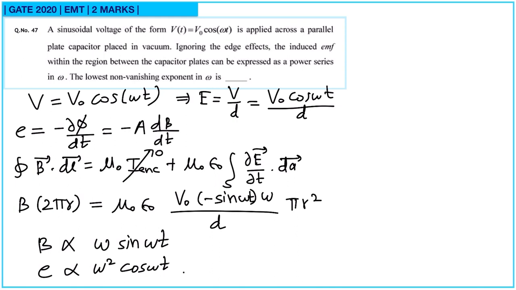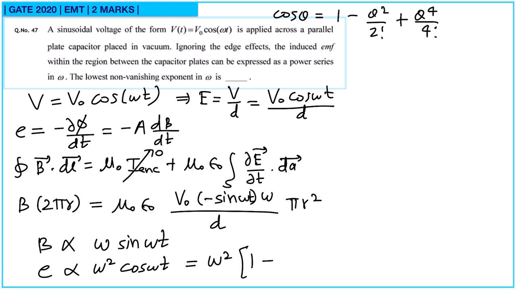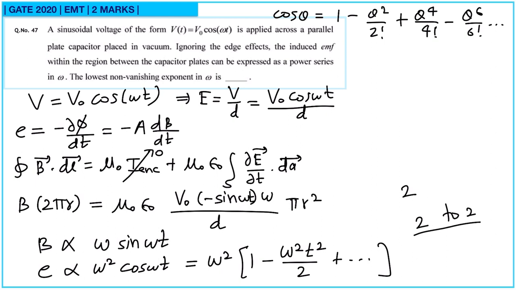So E is proportional to omega square cos omega t, and this cos omega t can be written using the cosine series: cos theta is equal to 1 minus theta square by 2 factorial plus theta raised to 4 by 4 factorial minus theta raised to 6 by 6 factorial, and so on. So this is minus omega square t raised to 4 by 2 plus, and so on. Now the lowest non-vanishing exponent in omega is, this first one, omega square. So here the answer is 2, and the answer in the answer key is 2 to 2.